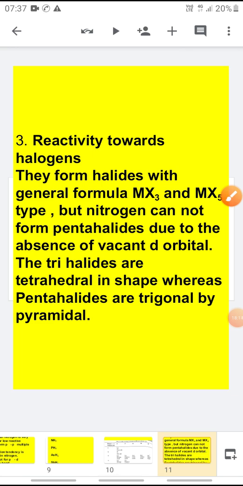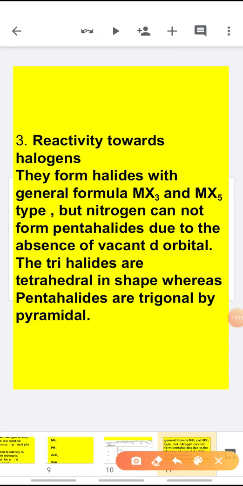Now, coming to the third important trend, the reactivity towards halogens. Whenever any of these elements react with halogens, they form compounds having the general formula MX3 and MX5. But nitrogen cannot form MX5 because it cannot form five bonds. It can form only three bonds.